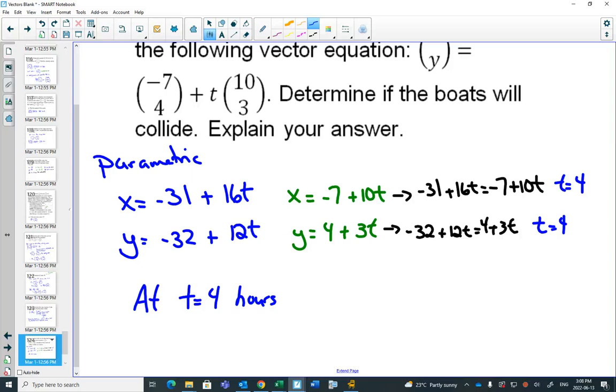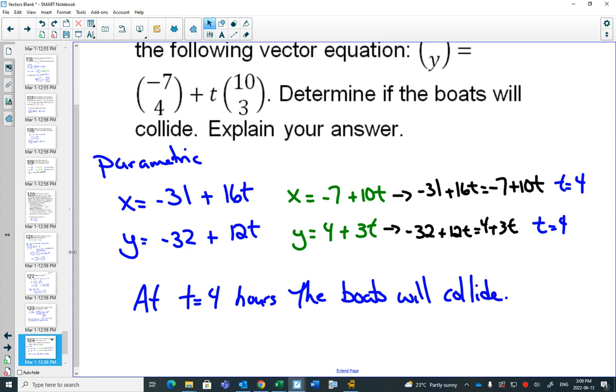But I accidentally put an extra negative beside 4 because it's drawing an equal sign and I didn't. So at t equals 4 hours, the boats would collide.